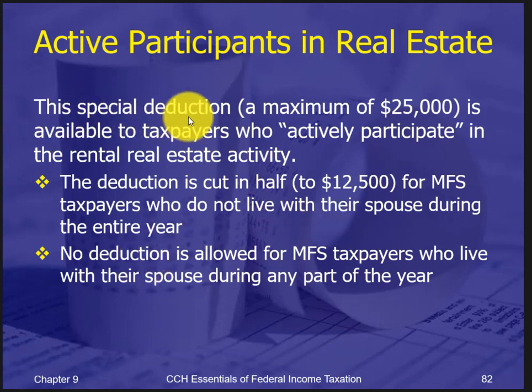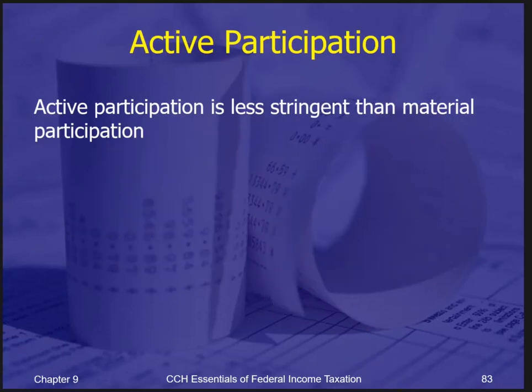Now, why would you care? Because you can have this special deduction. The maximum is a $25,000 loss, and it's cut in half for married filing separately, and if you live with your spouse and file separately, you don't get any. So active participation is less stringent than material participation.